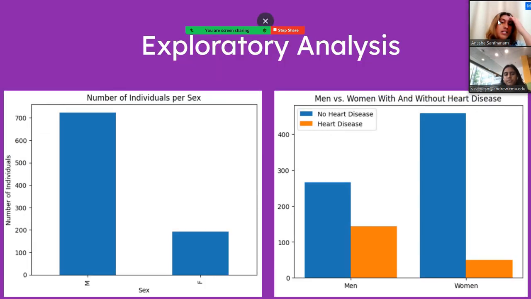We also conducted some exploratory analysis to get a feel of the data before we were able to write the model. One of the main questions that we wanted to explore was the relation of sex and heart disease or no heart disease.